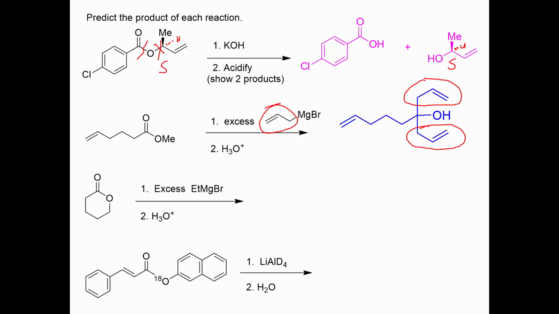Okay, and we've added the allyl groups. We've also, as a result of this, made a molecule of methanol, but again, that's probably not the real reason anybody would have done that reaction. All right, so this is a type of ester known as a lactone, which is a cyclic ester.